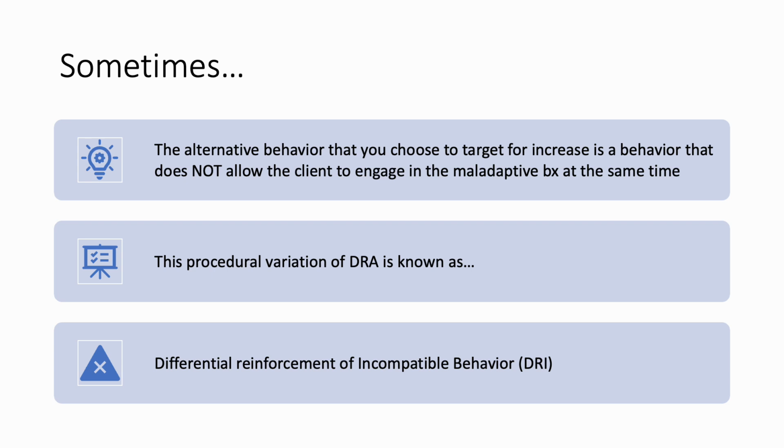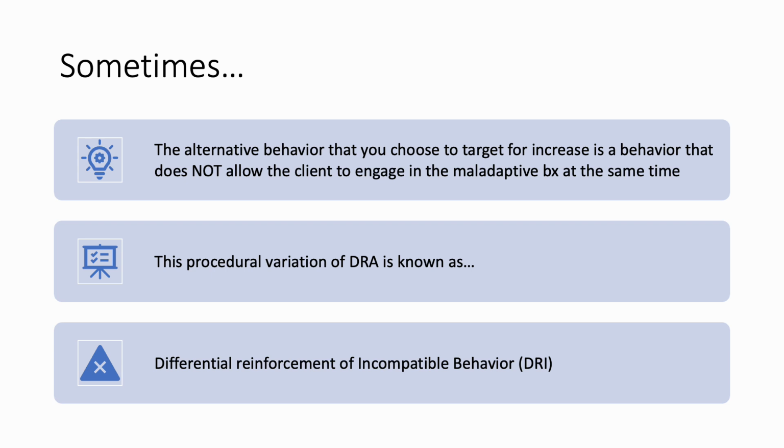Let's just say the label is inappropriate vocalizations. And I select an alternative behavior to target for increase. Well, that alternative behavior might be appropriate vocalizations. So, communicating things that are considered appropriate, like demanding for items, labeling things, engaging in a conversation with somebody. Maybe we consider those as appropriate vocalizations, okay?